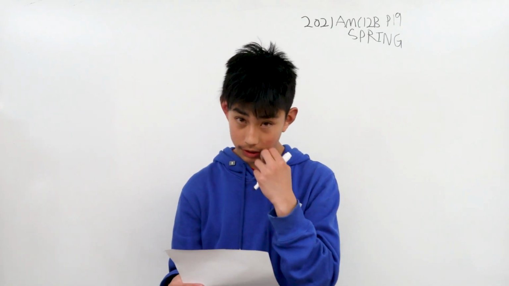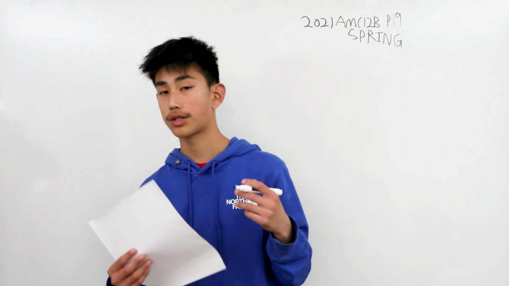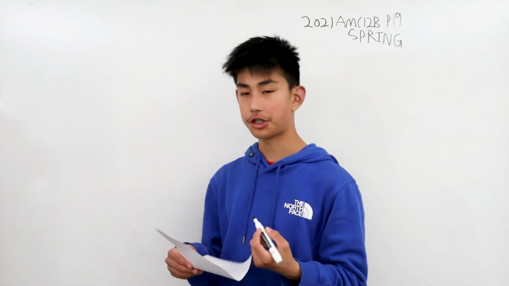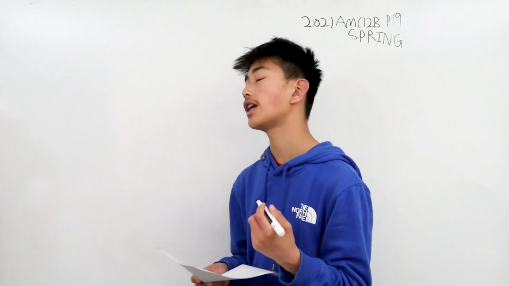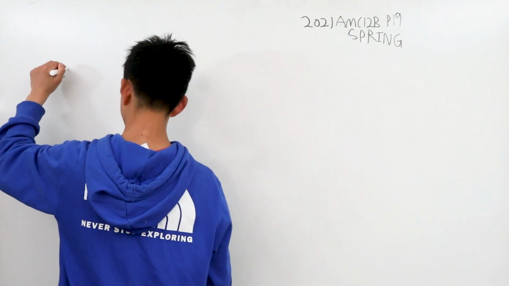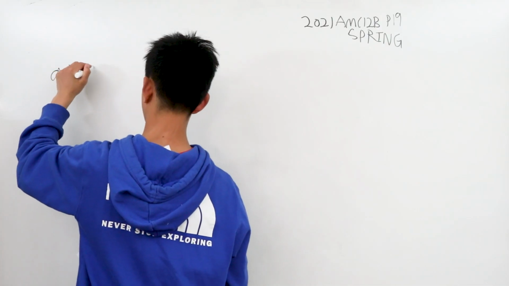So, for this problem, let's just look at the third statement. The probability of rolling a sum of 12 is 1 in 12. If we have two such integers, where we assume A is greater than or equal to B, A plus B will be 12.